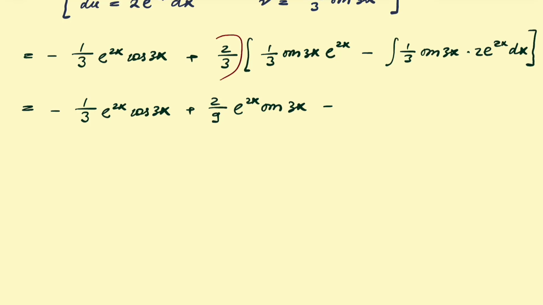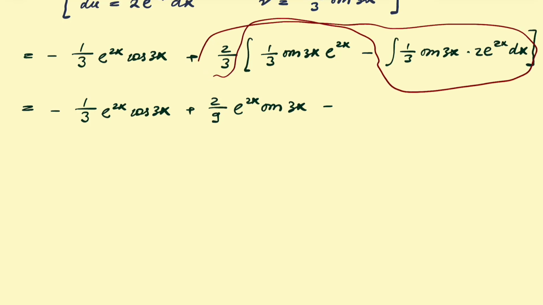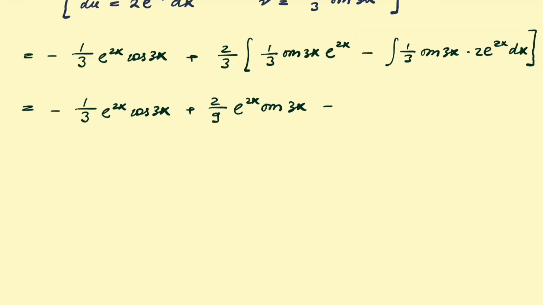Don't forget please about these 2/3. We need to multiply this with the minus in it. Okay, now 2 over 3 is here. We also have 2 over 3 here. It will be 4 over 9. We have 4 over 9 times an integral of e to the 2x sine of 3x dx.